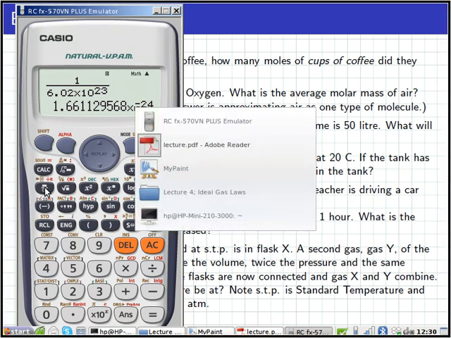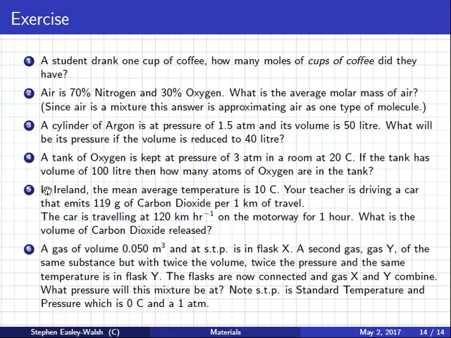Part 2. I'm not getting this question. Air is 70% nitrogen and 30% oxygen.